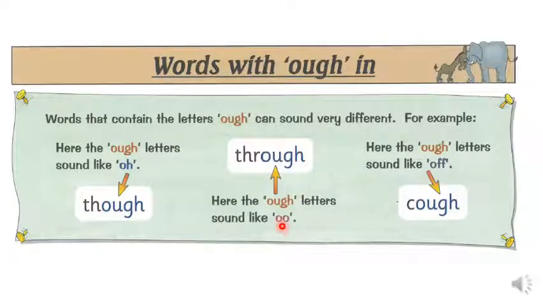In this middle one, the O-U-G-H letters make the OO sound as in through. And here the O-U-G-H letters sound like off as in cough. So there are 3 different ways that the O-U-G-H can sound. We've got to think really carefully about those 3, and that's what we're going to focus on today.